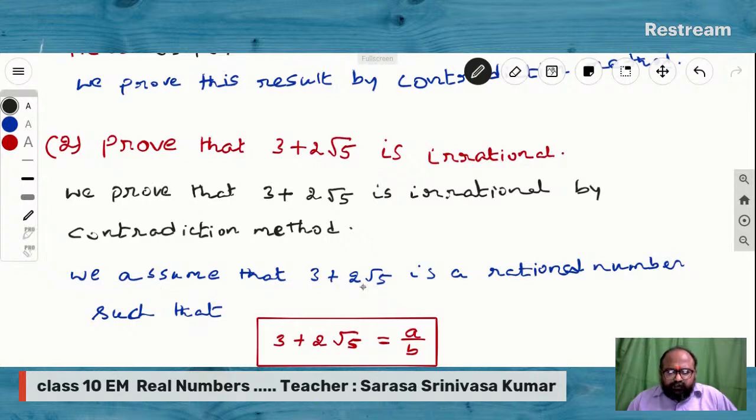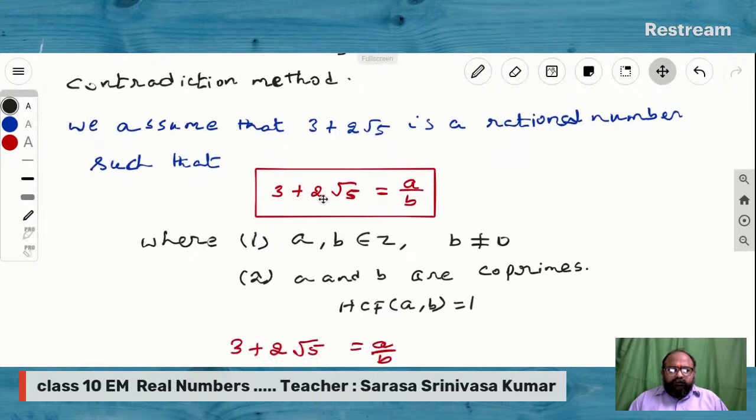3 plus 2 square root of 5 is a rational number such that it satisfies two conditions. 3 plus 2 square root of 5 is equal to a by b, where the first condition is a and b are integers, b is not equal to 0.